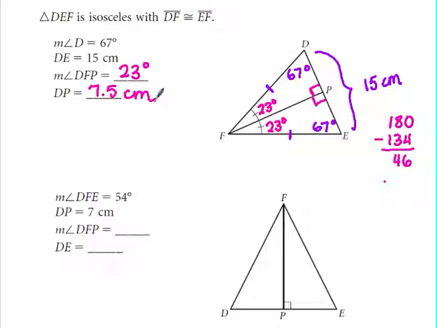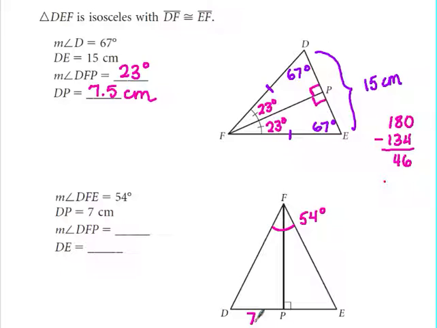All right, let's look at the next one. The measure of DFE is 54 degrees. So that means this big angle is 54. Okay, so I've got 54 degrees right here. DP is 7 centimeters, and I need to find the measure of angle DFP and DE.